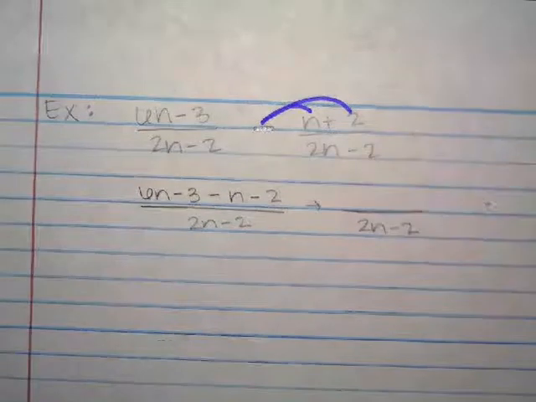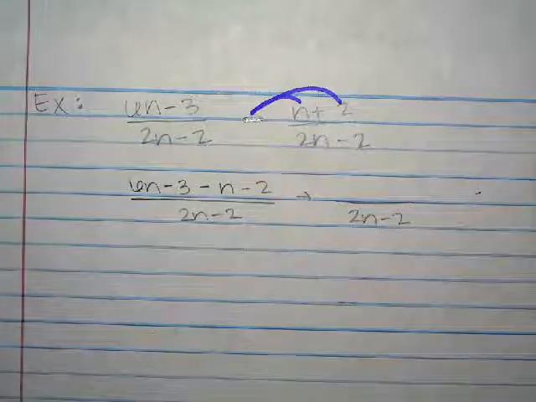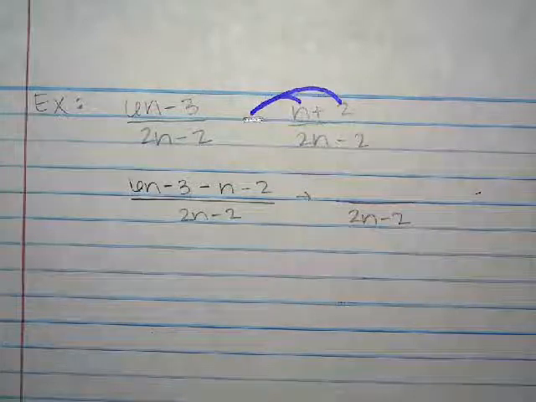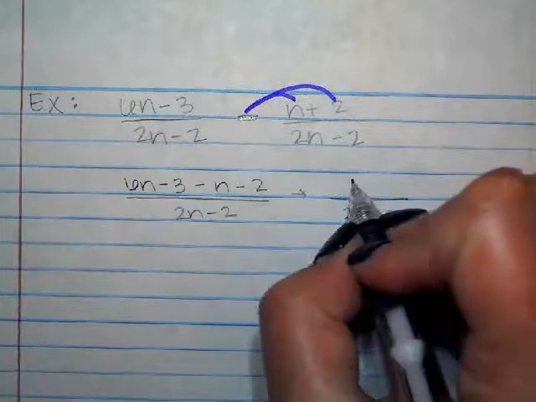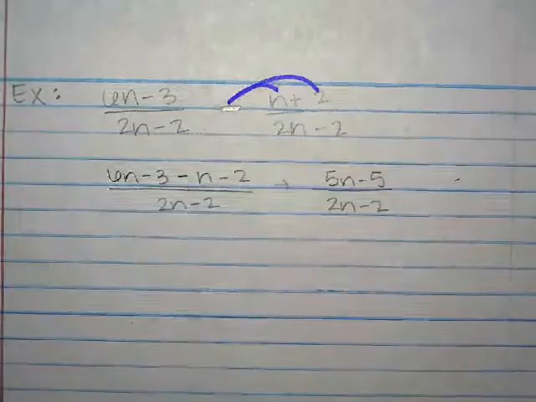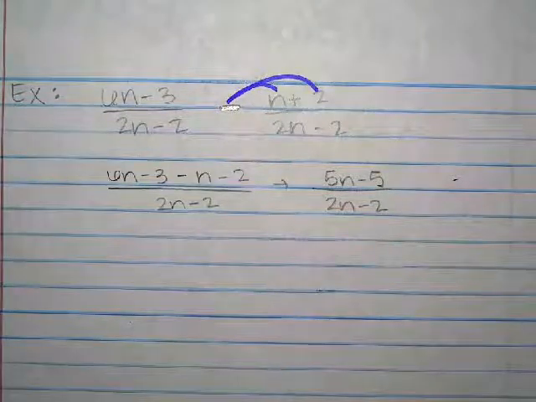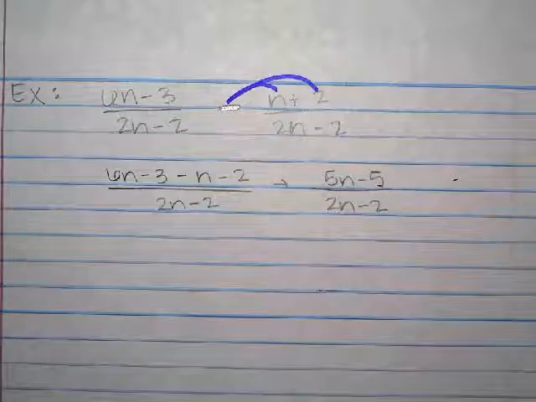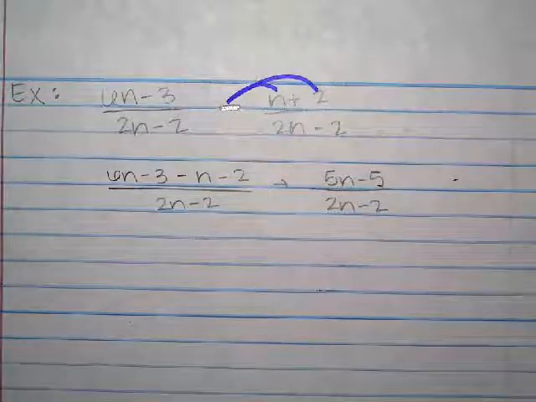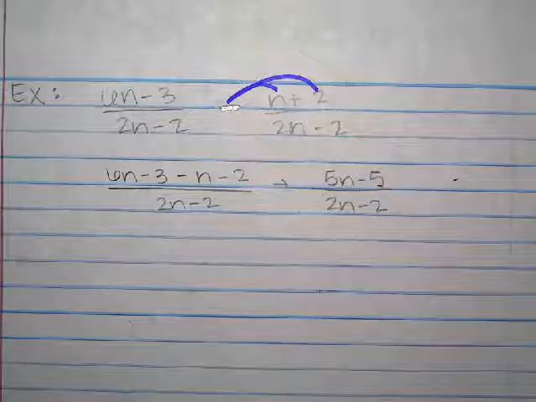So what do we have on the top when we combine like terms? 5n minus 5. And now it turns into one of the problems from the very first day. So can we factor? Yes. What type of factoring? GCF. So what's the GCF on the top? 5.